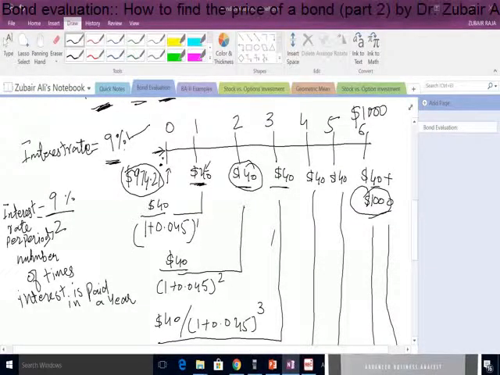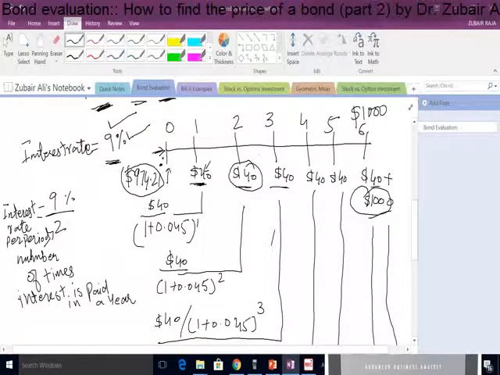It means no one will want this $40 interest payment bond, which was issued at an 8% coupon rate. Everyone will jump to the newly issued bonds, which are going to be issued at the higher percentage, which is 9%, right?